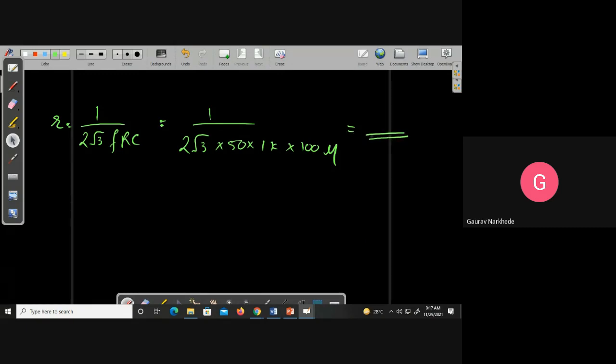Is there anyone fast who has calculated it? Or else do it. So it will be 0.1 multiplied by 1 by root 3.